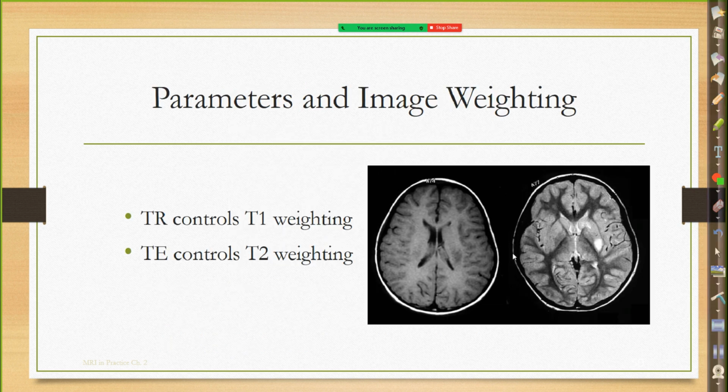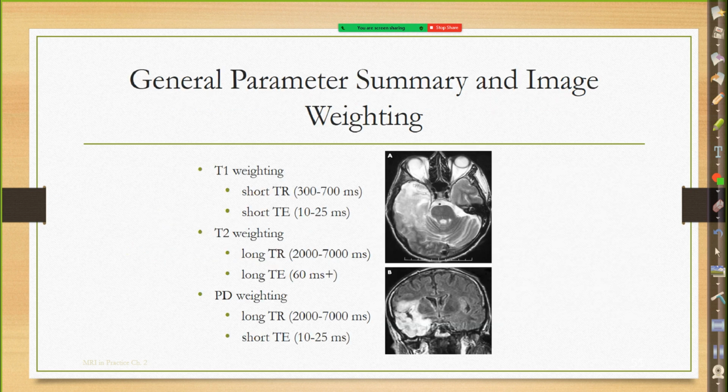All right. So as a summary, TR controls T1 weighting, TE controls T2 weighting. So always make that relationship. TR controls T1, TE controls T2. So with that being said, this kind of goes along with Savannah's question. Yeah, you're kind of trying to highlight certain tissues, but there's always a range depending on the field strength and the scanner that you're working on.